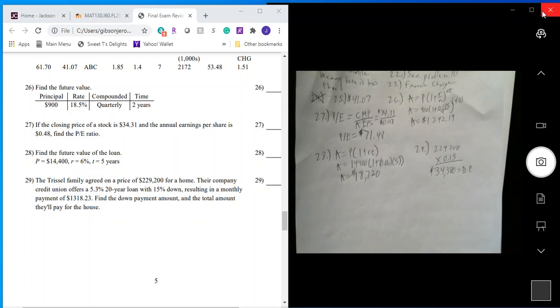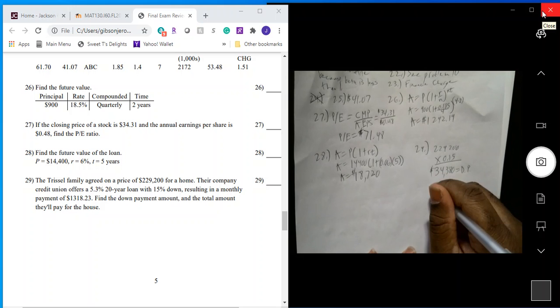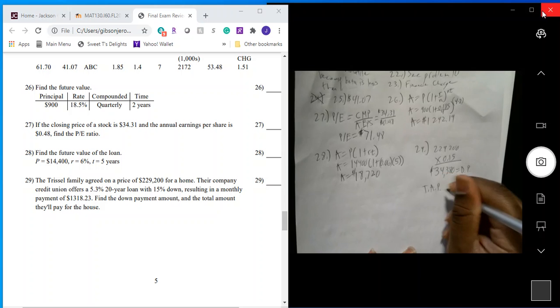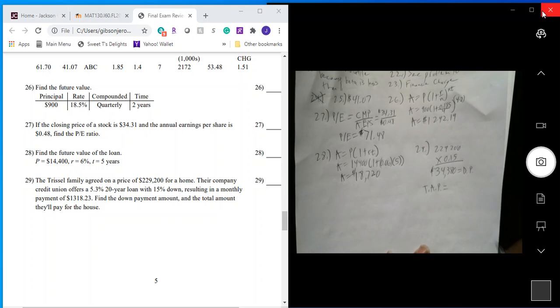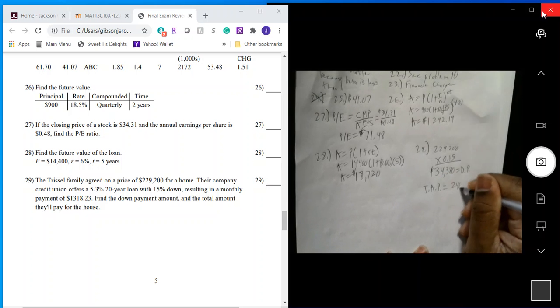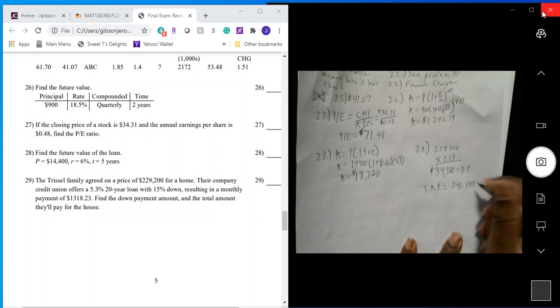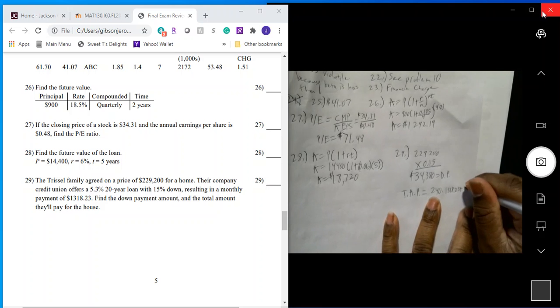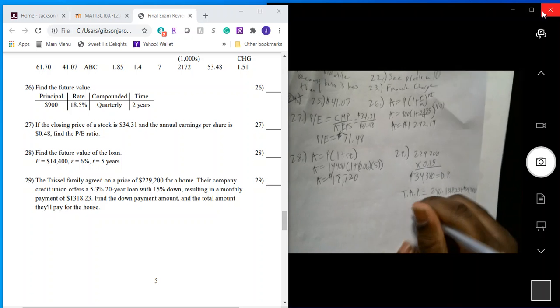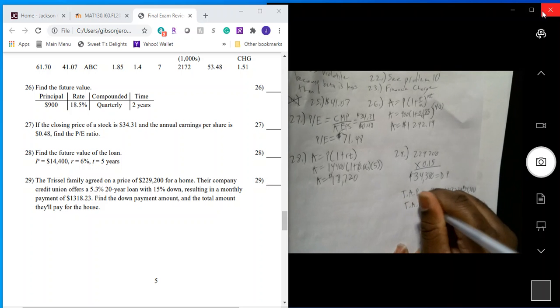So what we would do, and we could just say total amount paid, and I'll just abbreviate it. Total amount paid would be 240 times the monthly payment of $1,318.23 plus the down payment of $34,380. This is how you would get the total amount paid.